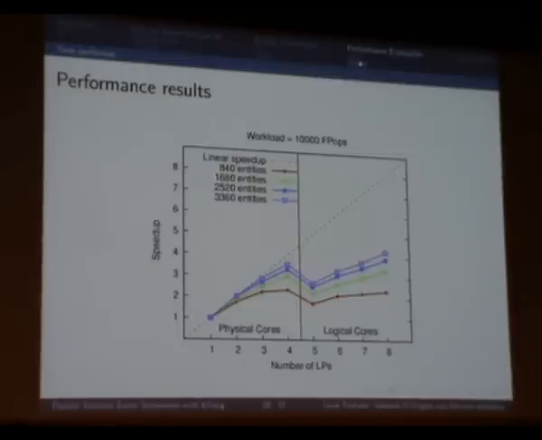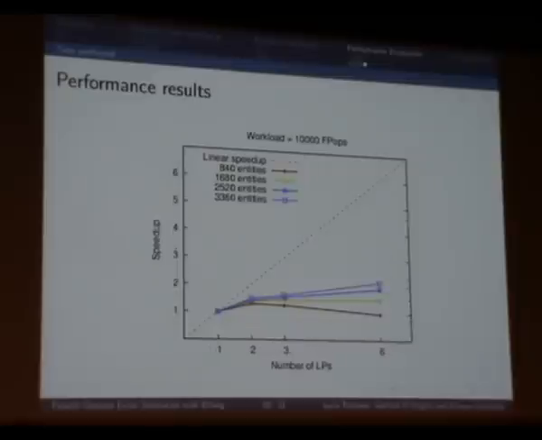Until we reach 4 logical processes, which is the maximum number of available CPUs, we have almost linear scalability. Then we have a step down, because in the 5 case we have interleaving between processes, and this is not good for the time warp algorithm.